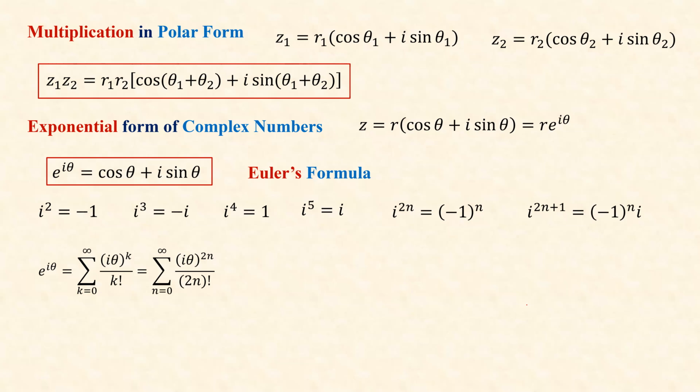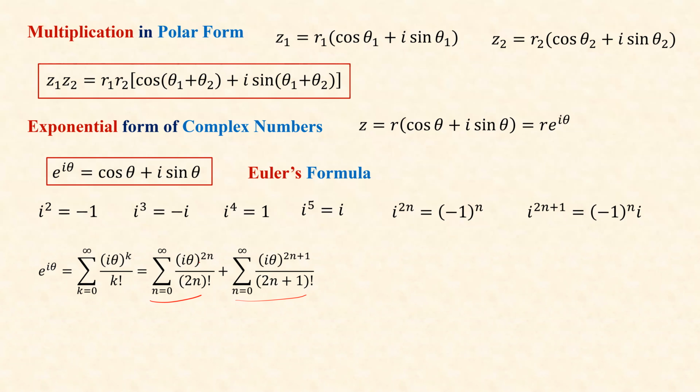And then we can separate the odds and evens. For the even powers, we have (i theta) to the power 2n divided by 2n factorial, and these are the odd powers. So I separated the even powers and odd powers.